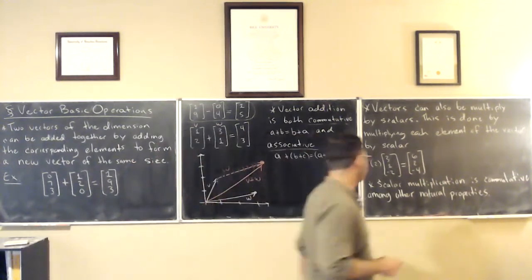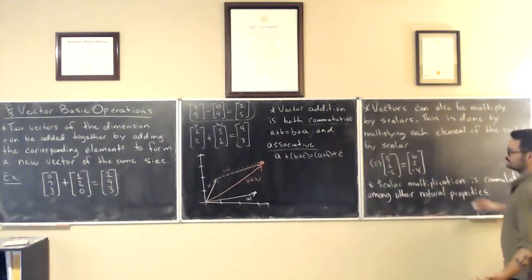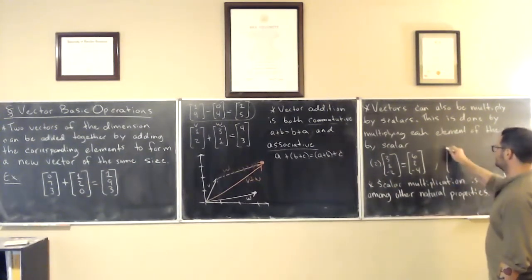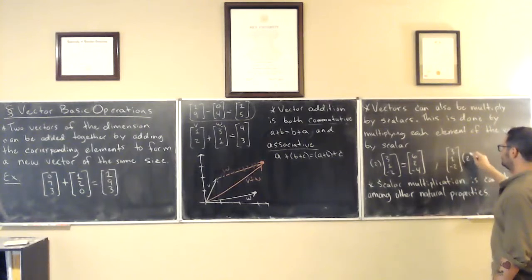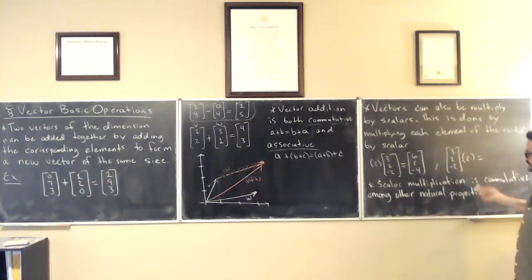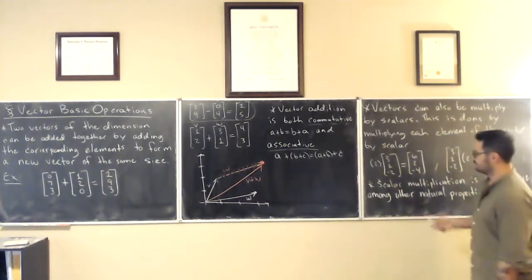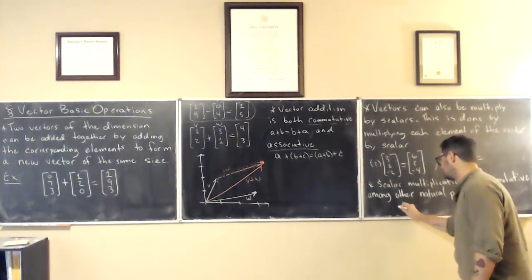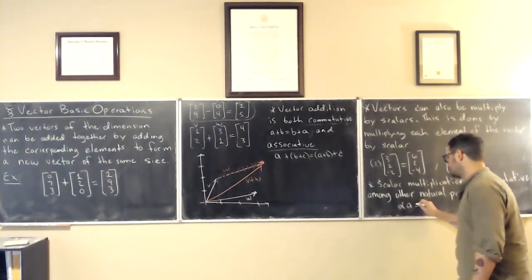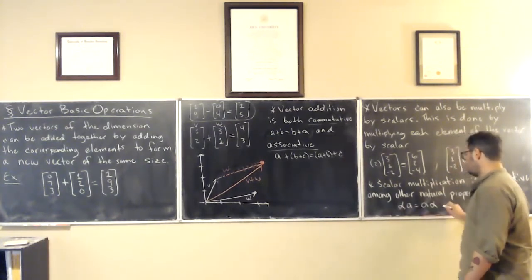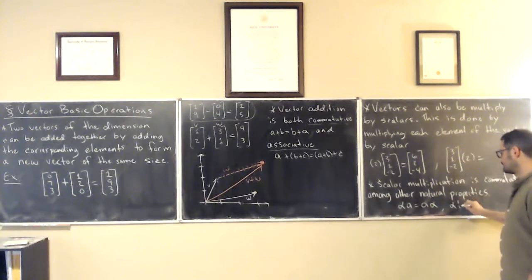It's what you're used to. So like 2 times that vector is the same thing as the vector times 2. This is commutative. So maybe I'll just write that out. Alpha times A is equal to A times alpha, where alpha is a scalar.